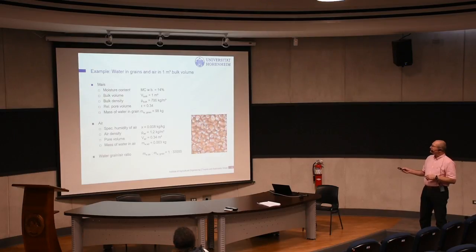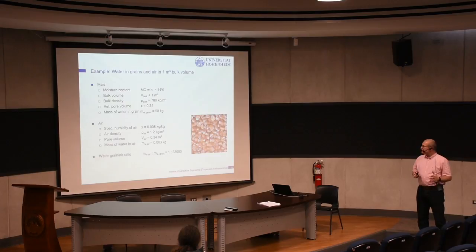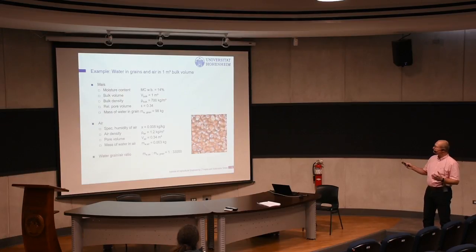So if we calculate the water in this grain bulk, in my 1 cubic meter box of grain here at a moisture content of 14% wet base, then I have a bulk density of 700 kilogram per cubic meter, by the way. So this cube is lighter than water, not a ton, but 700 kilogram per cubic meter. And I have a relative pore volume of 0.34.